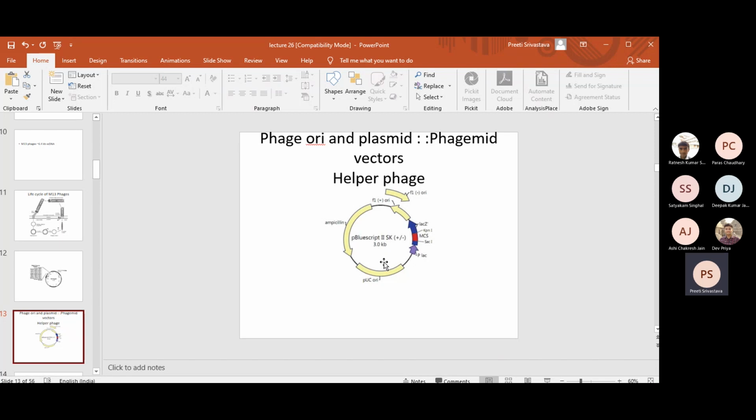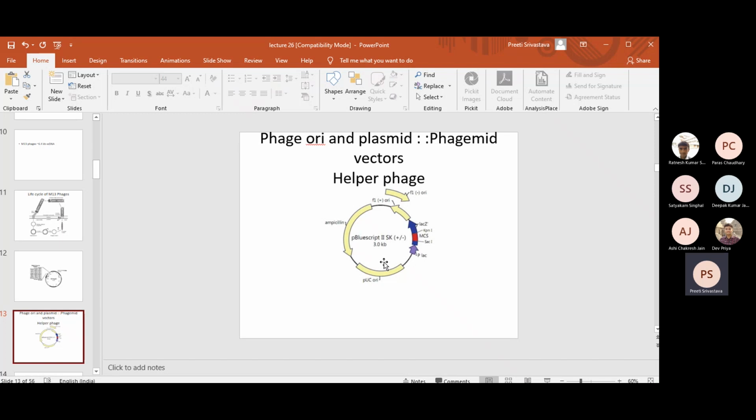Once you infect this cell with M13 phage, in this case what we use is a helper phage, particularly for this plasmid. This helper phage has a defective origin of replication, meaning its origin of replication is weak, but it will make all the phage coat proteins.